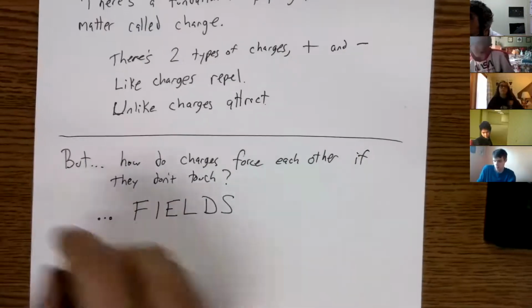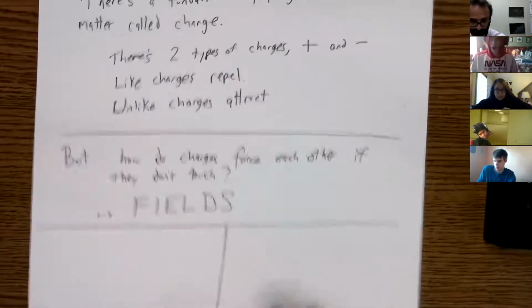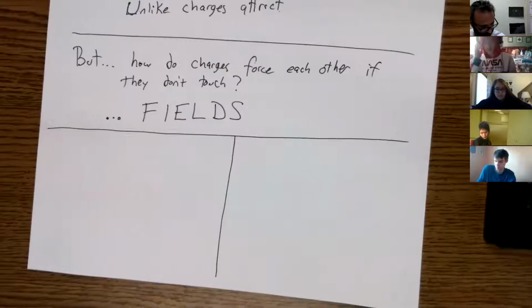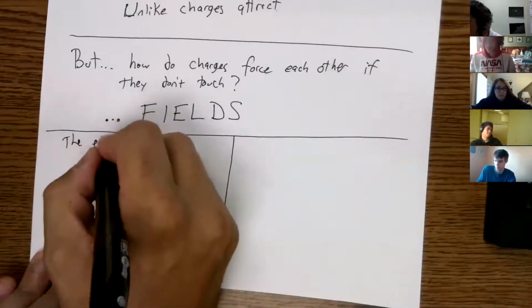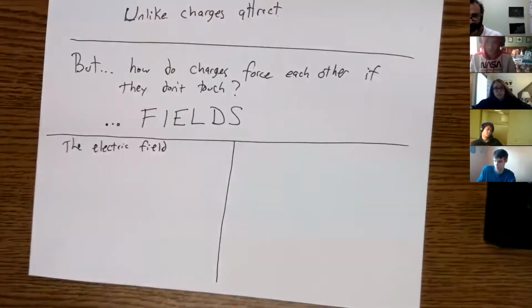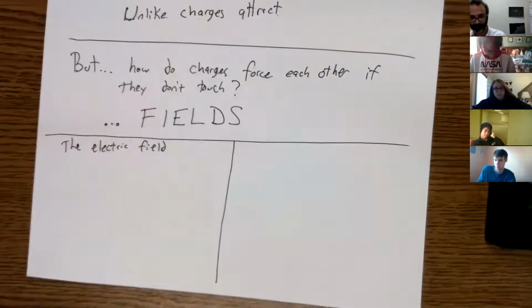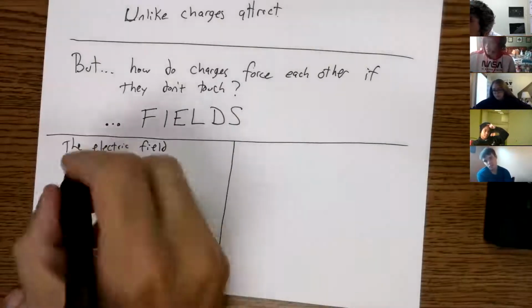We've got two types of fields that we're going to be working with in here. We've got the electric field. And you know a little bit about what vector fields are so far. These fields are vector fields. The electric field is created by charges.